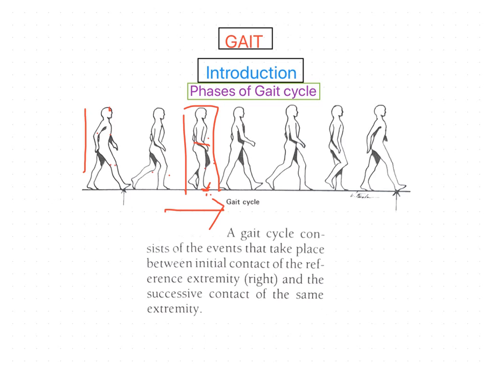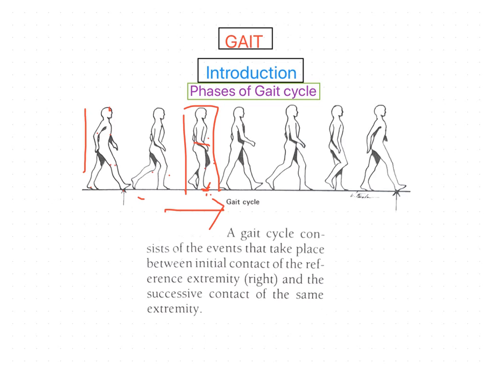Single limb support alternates with periods in which both lower extremities are in contact with the ground. So some phases will have both extremities in contact. Gait places more demands on the lower extremities than the static erect posture does.